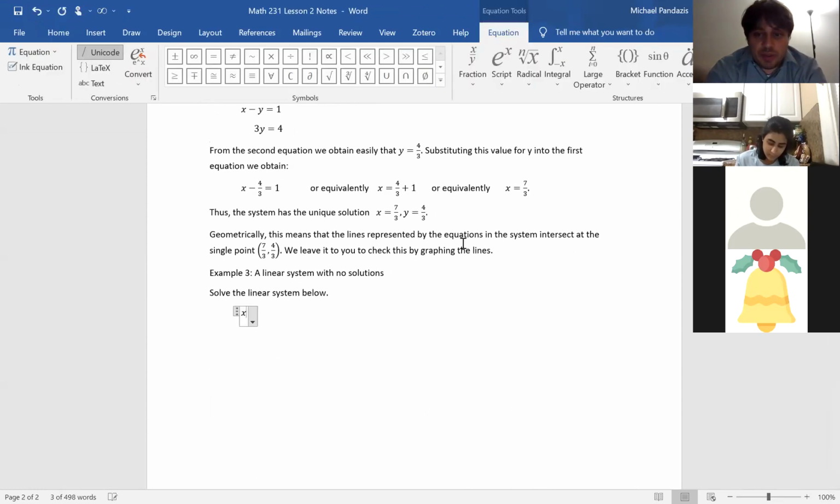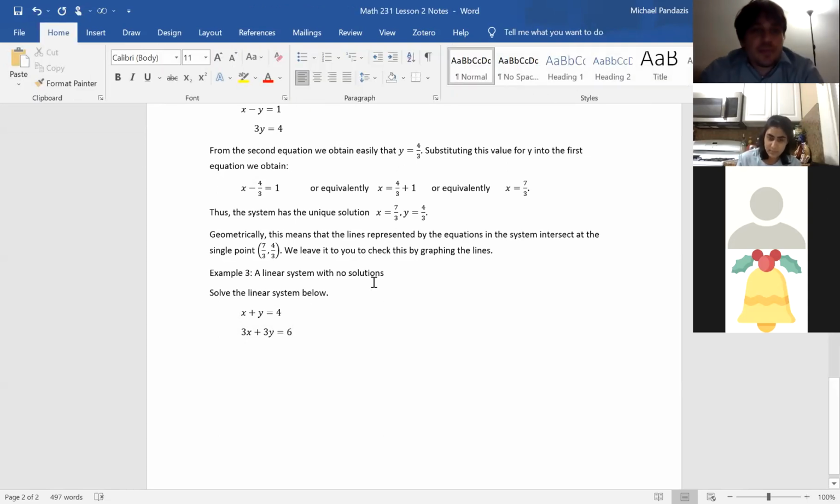So the first equation is x plus y is equal to 4. And the second line is 3x plus 3y is equal to 6. Okay, so you have that linear system, and we'll find solutions.